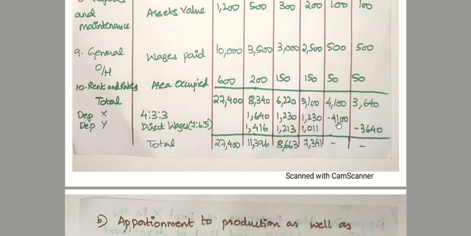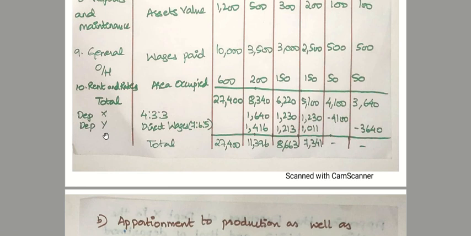So this 4,100 will be apportioned to production departments A, B and C in the ratio 4:3:3, which they have given in the question. So you apportion this 4,100 in this ratio, you will get 1,640 for department A. For department B it is 1,230 and for department C it is 1,230, and you will minus this from your service department in order to get this as a nil figure.